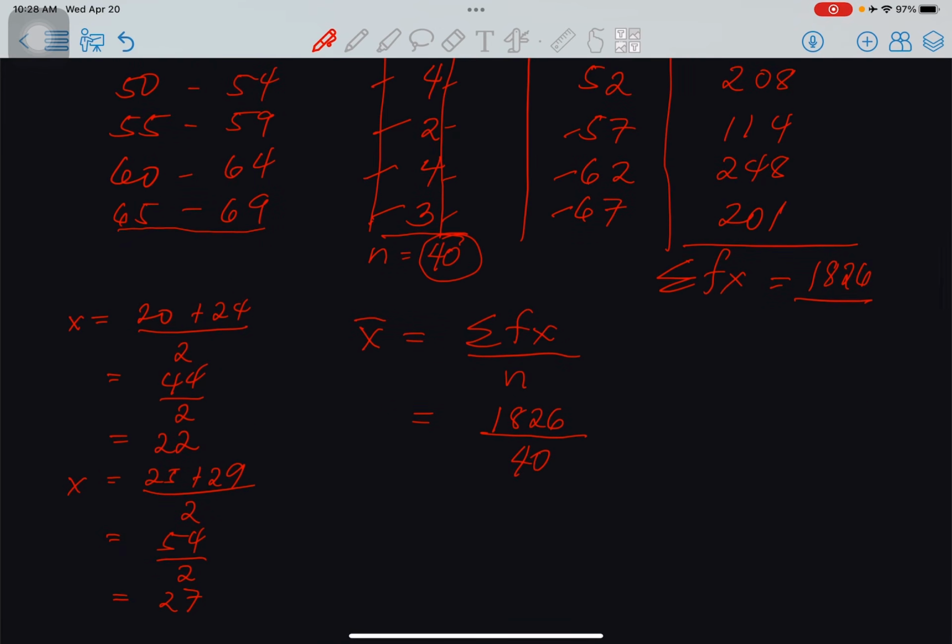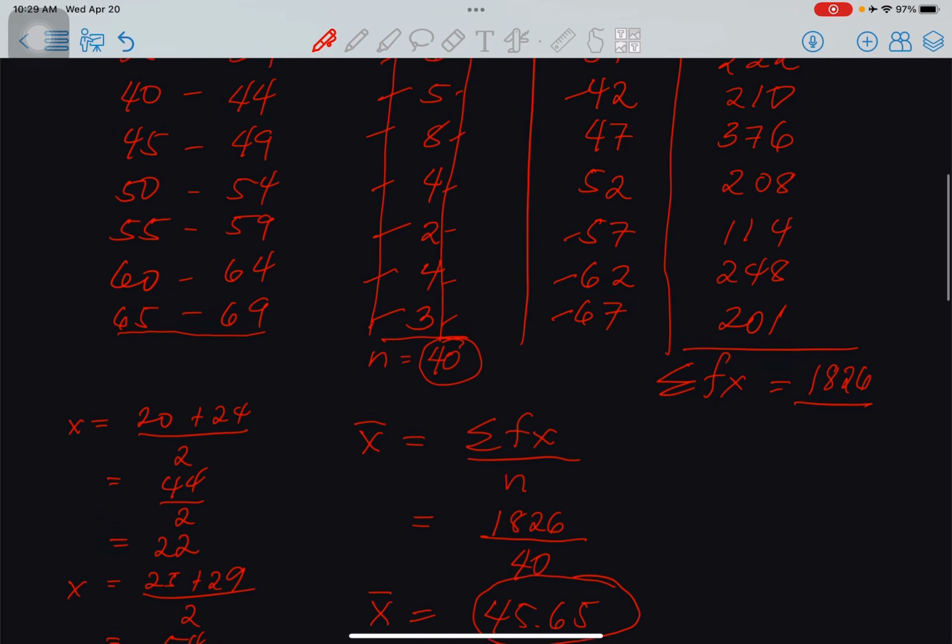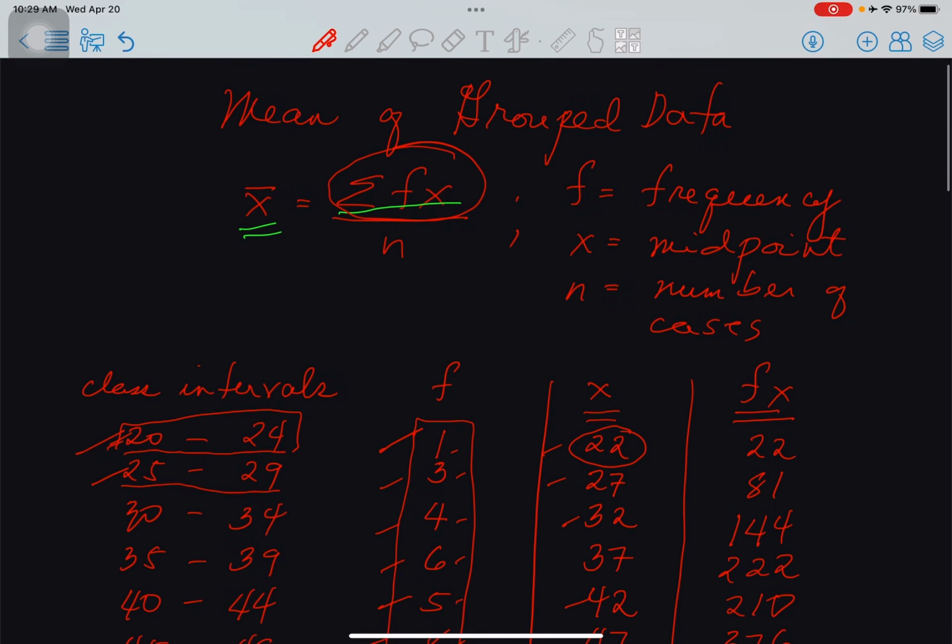So 1826 divided by 40 is approximately 45.65. This is now the value of our mean. So this is now the steps in getting the mean of group data. Thank you.